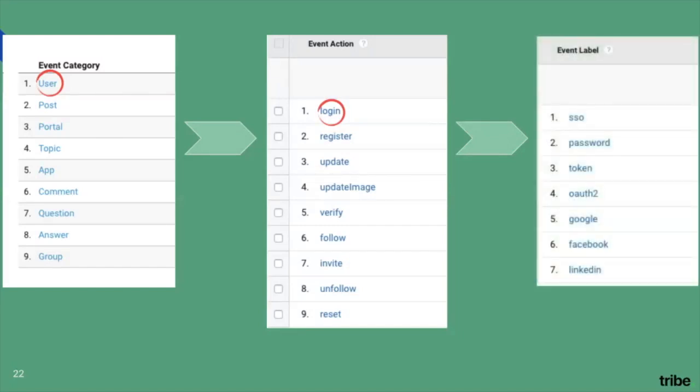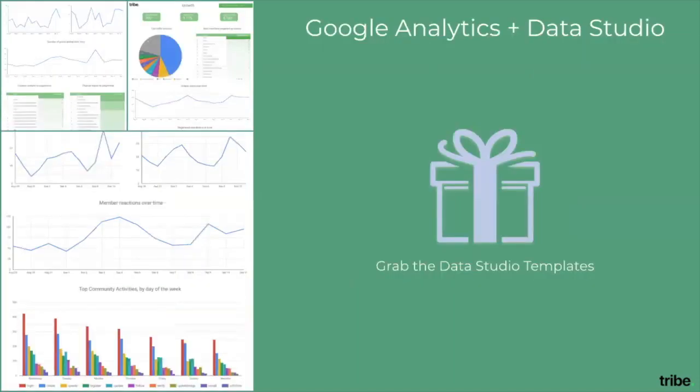And then if you look at login, the event label is perhaps a stage where we say how that login took place. Did the login take place through single sign-on? Was it through password? Was it through a social login from Google, Facebook, LinkedIn? We even pass that label of the event to Google Analytics.